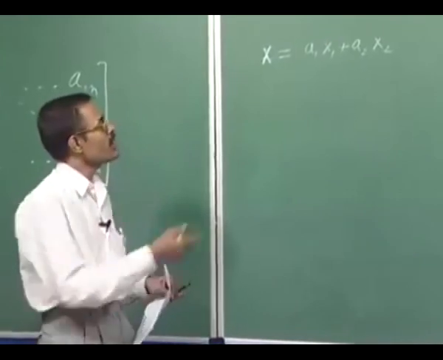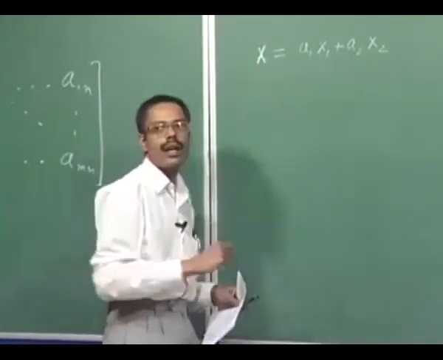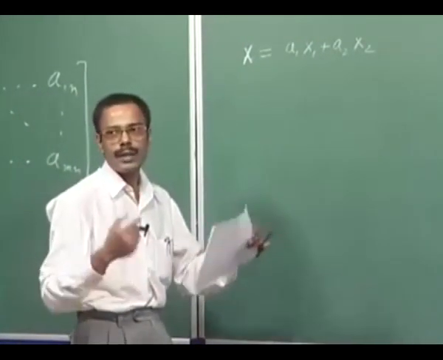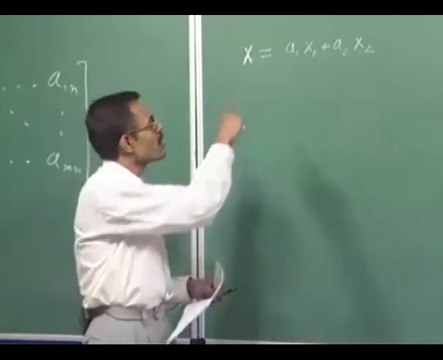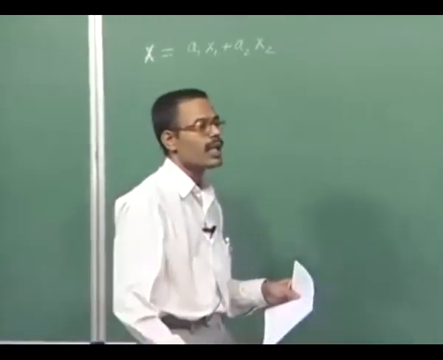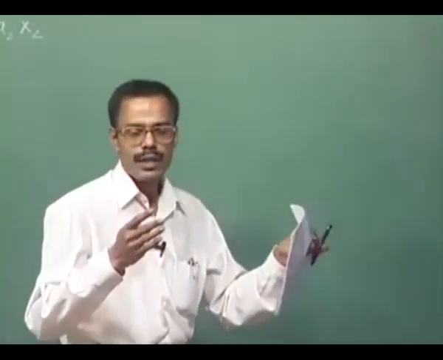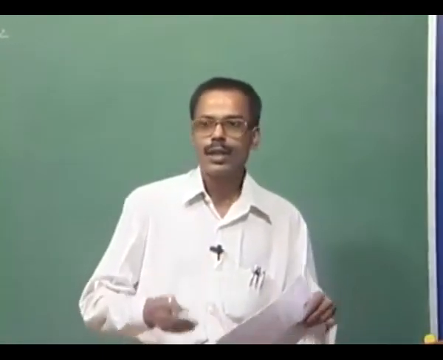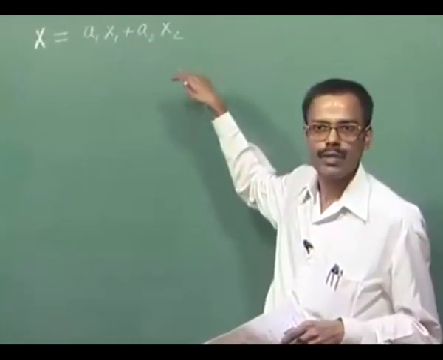In other words, we can say x1, x2 and x are linearly dependent together. So, these 3 will form a linearly dependent set. There is a linear dependence among these vectors.